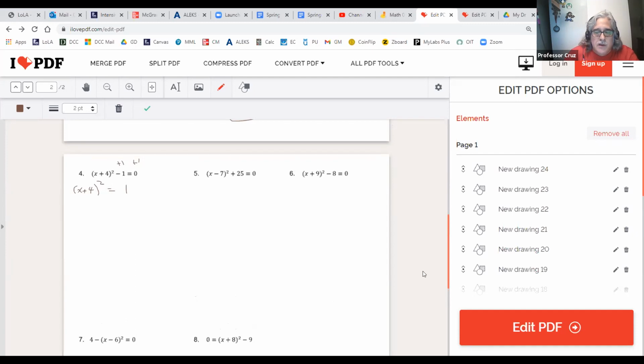All right, so it's x plus 4 squared is equal to 1. So what happens? You take the square root. Now, square root of 1 is just 1, and then minus 4.